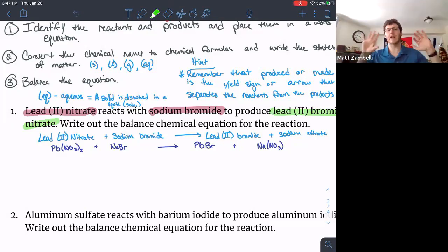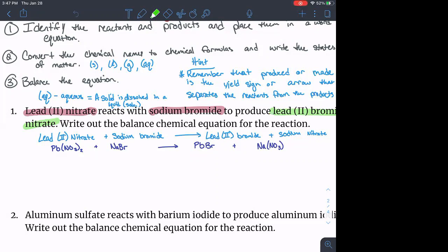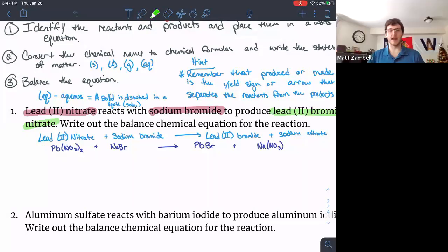It does happen, but not as often as we would like, which is probably a good thing, because if solids just reacted when they touched, that would be a lot more dangerous for us. So they're not solids. What else could they be? Gases, liquids, or aqueous.